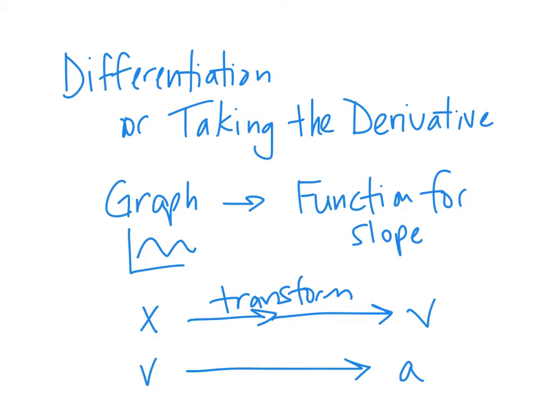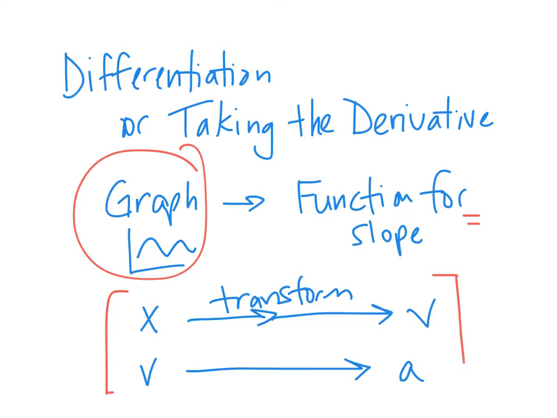So it allows us to take one type of information, like a graph, and determine slope, which is typically velocity. Or if we have information as an equation, as a function of time, we can transform it into a different type of equation.